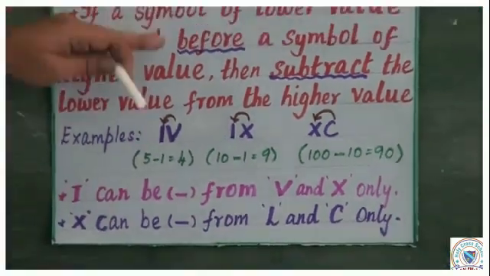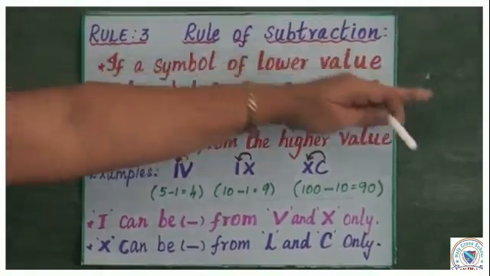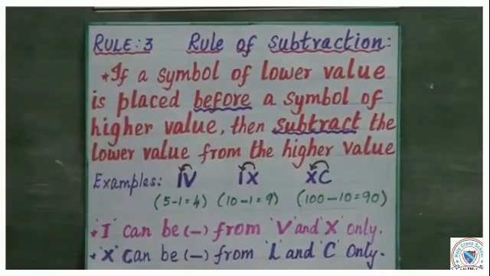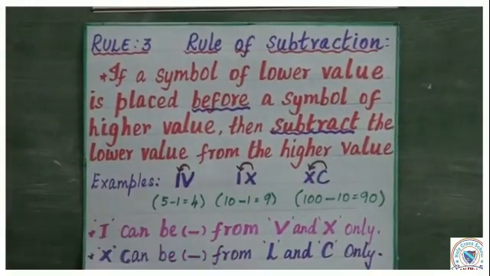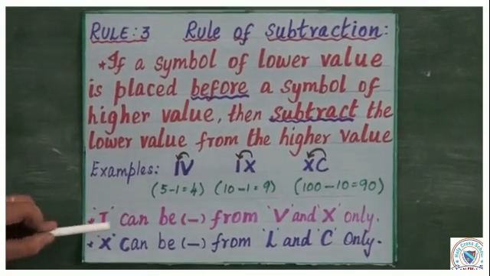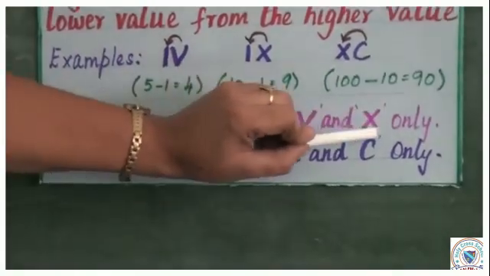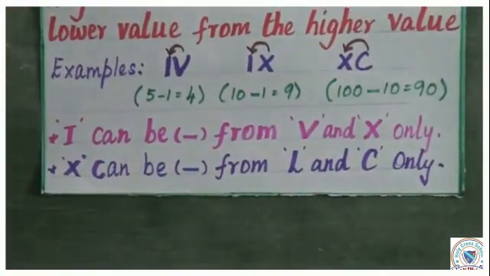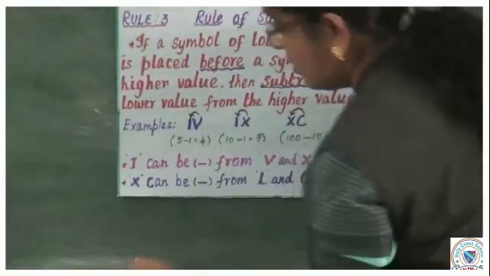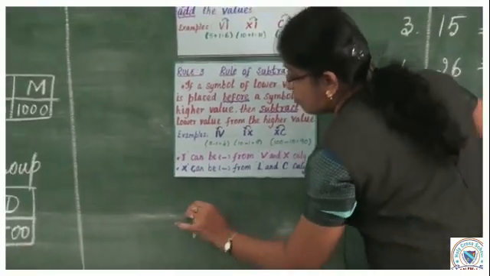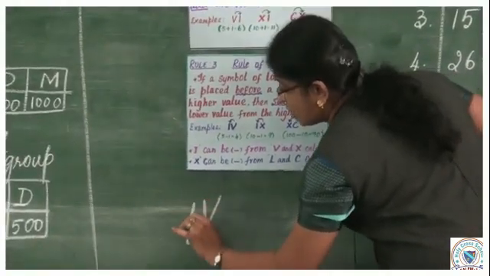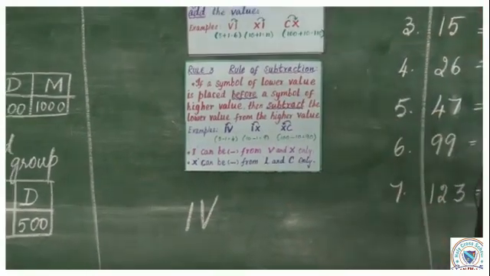When you learn this rule of subtraction, please remember these two things. I can be subtracted from V and X only. For example, V. Before V, you can put I and subtract.